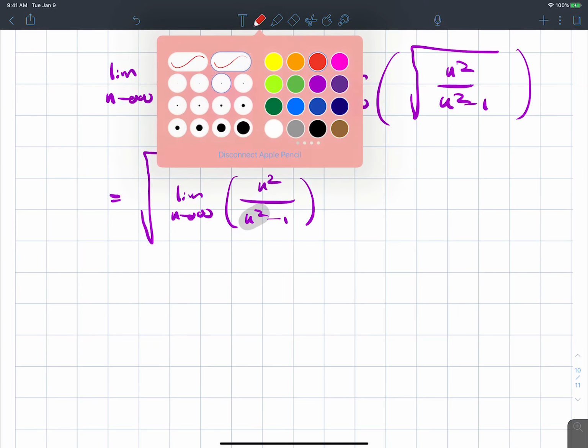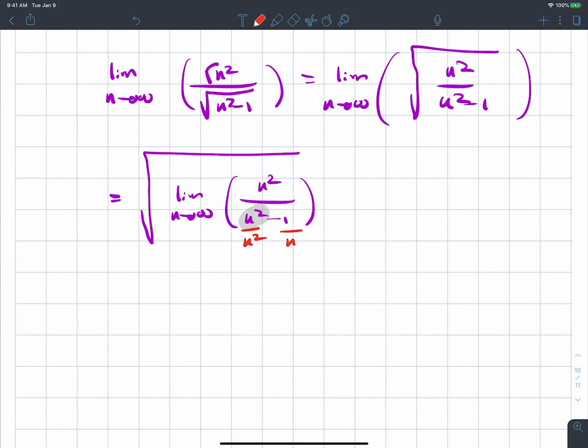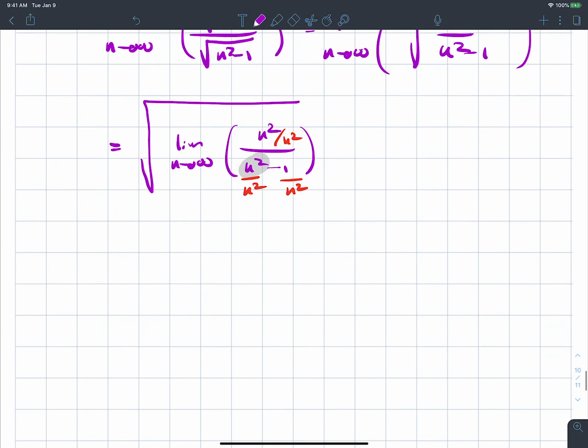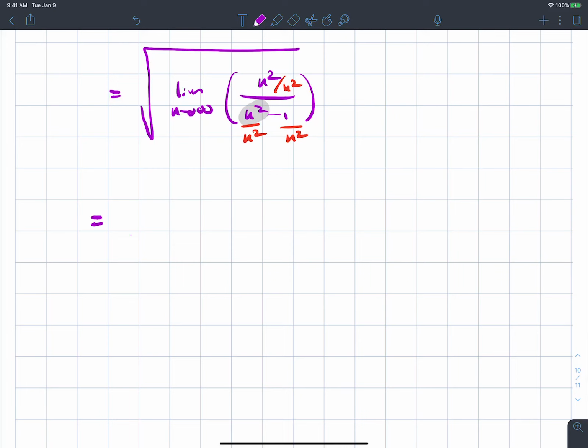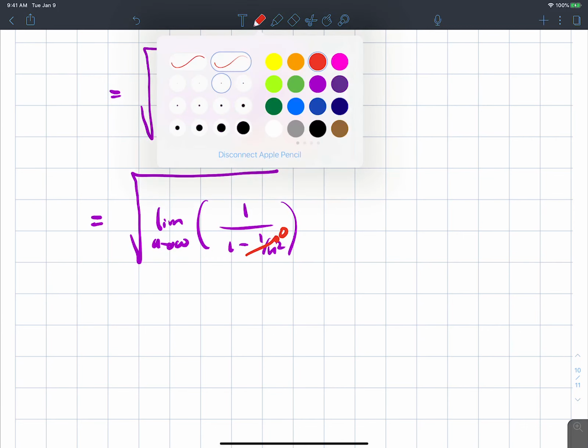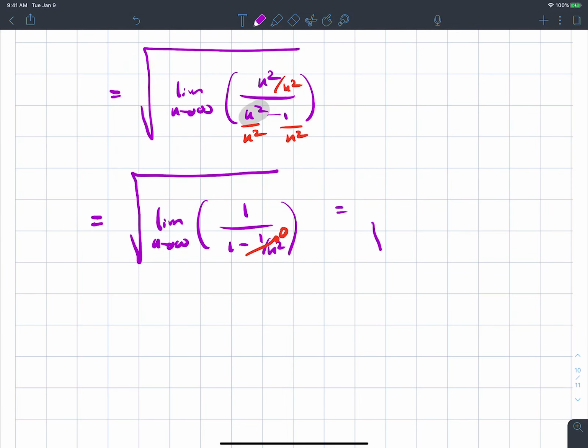We're doing a Calculus 1 approach. N squared, N squared, N squared. And so this gives us square root of the limit of 1 over 1 minus 1 over N squared. And that means this portion here goes to 0, which means we have the square root of 1 over 1 minus 0, or the square root of 1 over 1, which is the square root of 1.